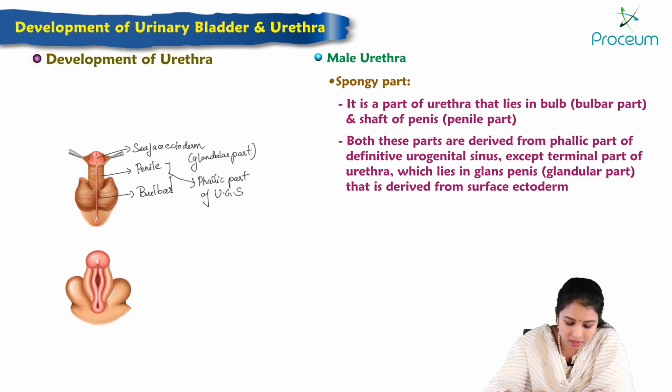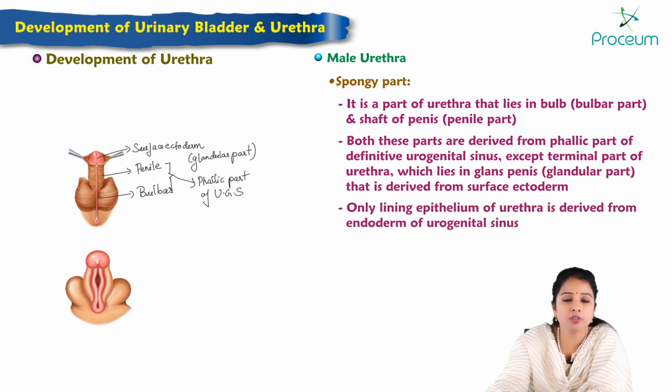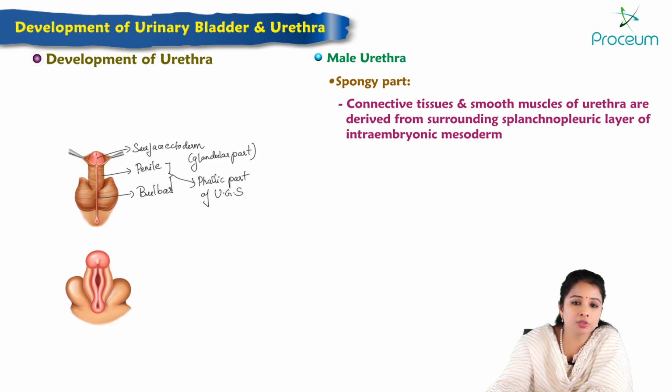Penile and bulbar parts are derived from the phallic part of urogenital sinus. Only the lining epithelium of the urethra is derived from the endoderm of urogenital sinus. The connective tissues and smooth muscles of urethra are derived from the surrounding splanchnopleuric layer of intraembryonic mesoderm.